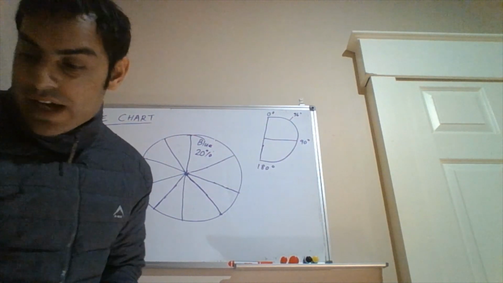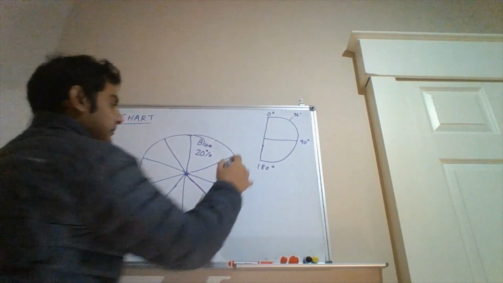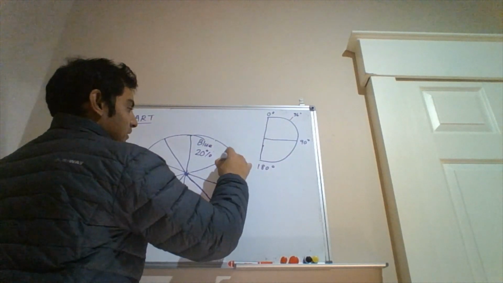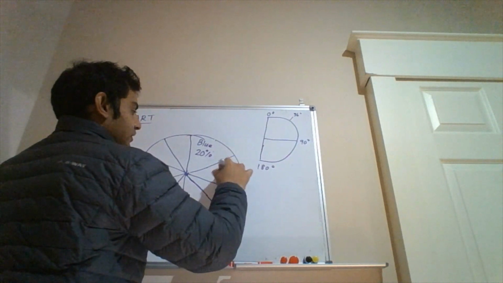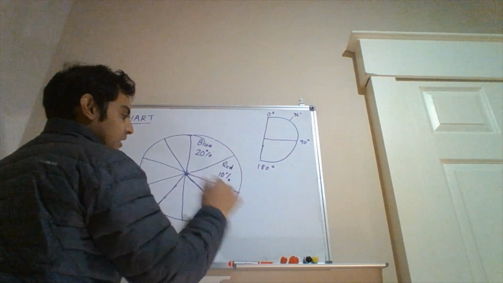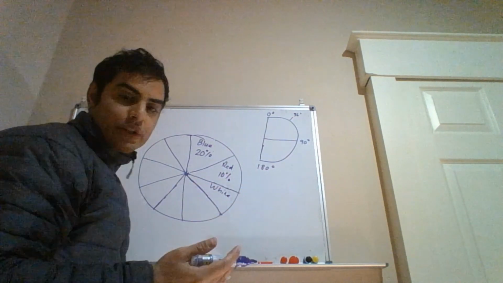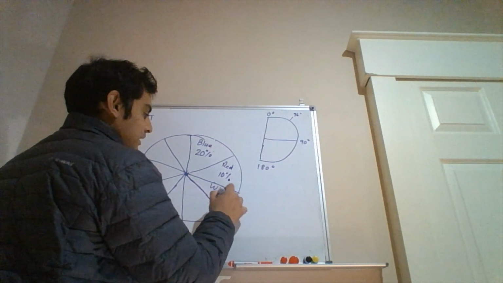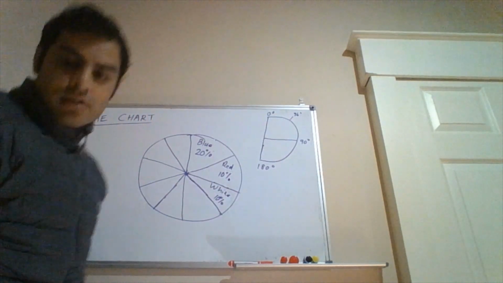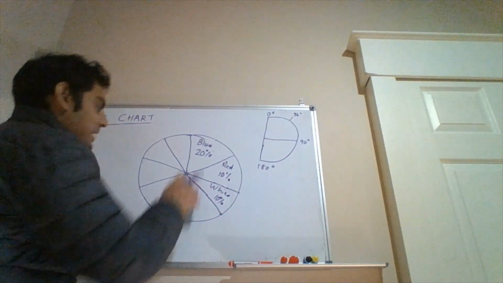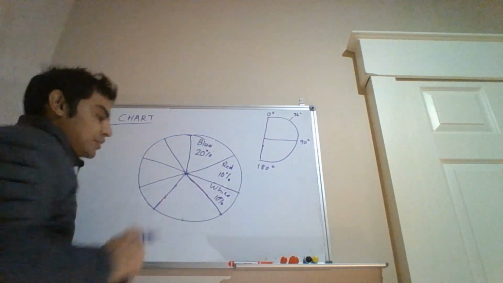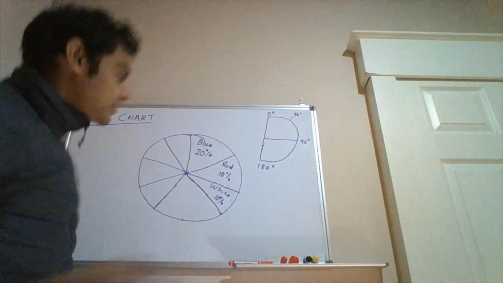Next we have red, which is 1 car, so it's 1 sector corresponding to 10%. Next we have white, which is also 1 car, also 10%. We have next black, which is 2 cars, 2 sectors, 20%.